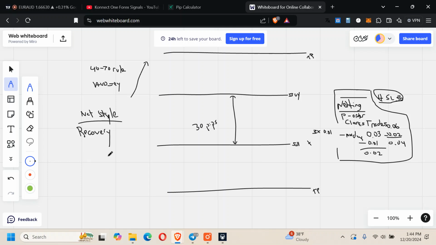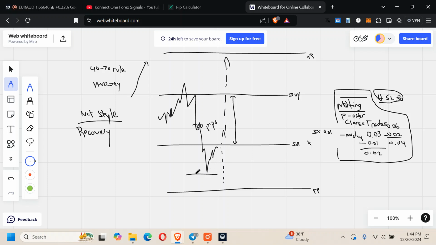Okay. So the 40-70 rule is, price is doing this. It's going to go somewhere, do that, go like this, come back, and can go here or go back in and go up here to 70.